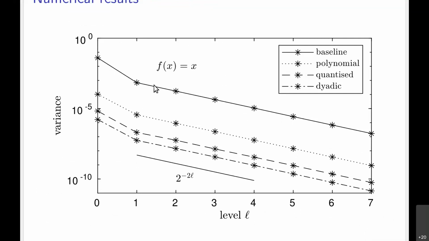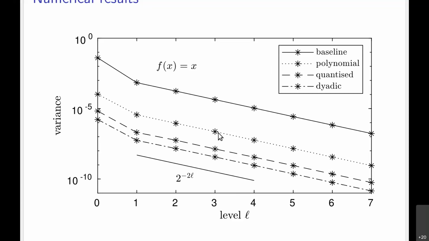Okay, and it's coming down proportional to 2 to the minus 2L. And what I realize I've forgotten to put on this slide is the fact that in these numerical results, we're actually doing the time step in powers of 4, not powers of 2. And so that's why it's coming down like 2 to the minus 2L.